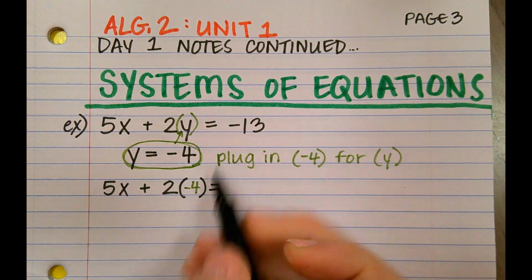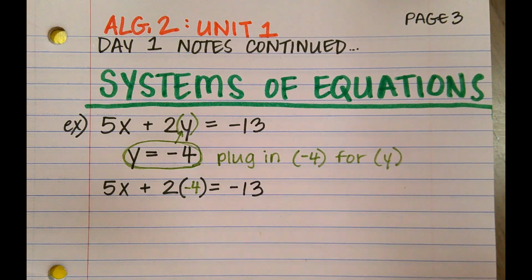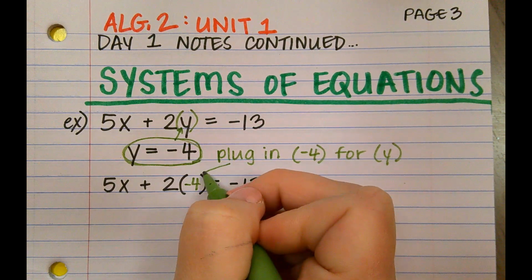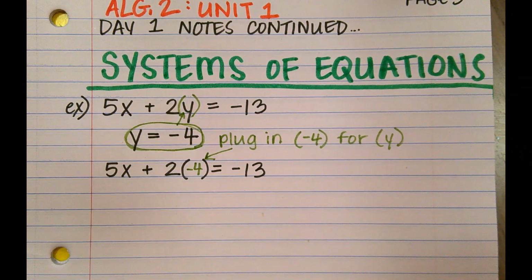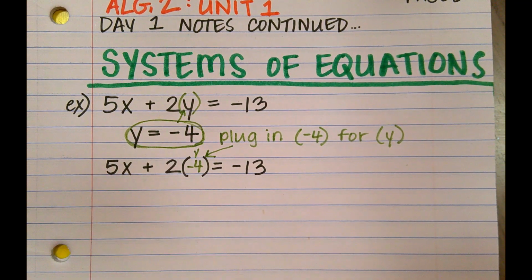Equals, don't forget the rest of the problem, equals -13. Yes. Instead of y, we're writing -4. So now I have an equation with just one variable, which we can solve.